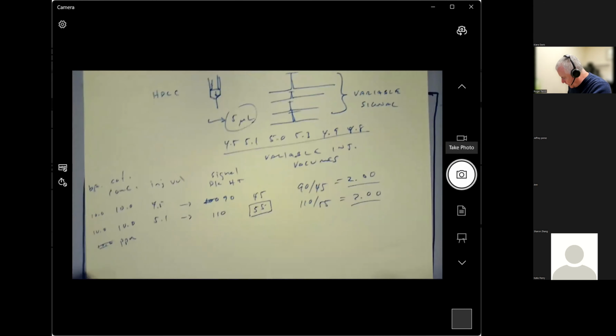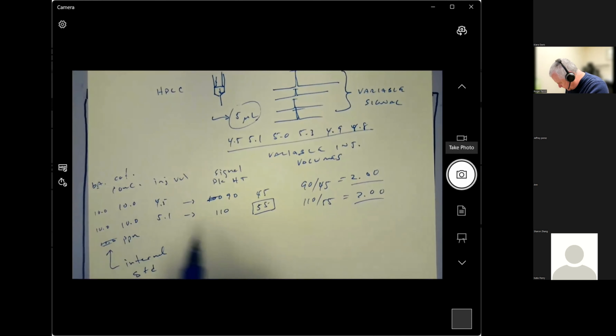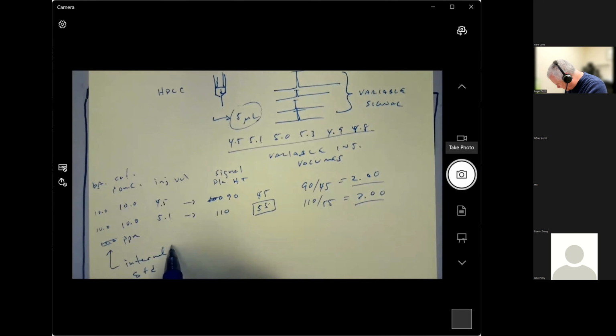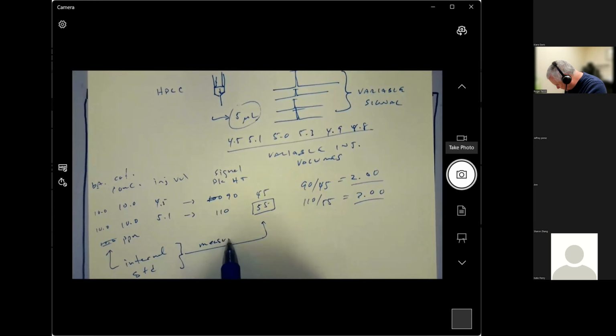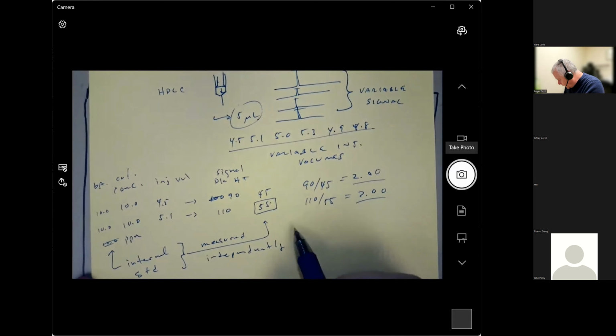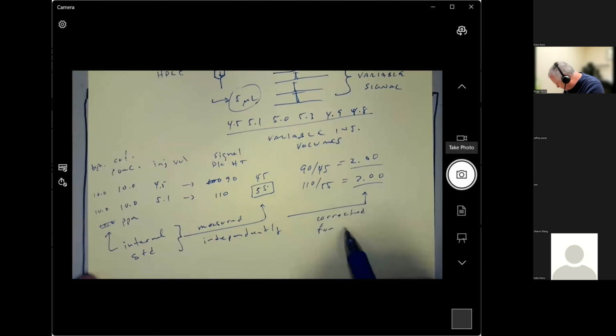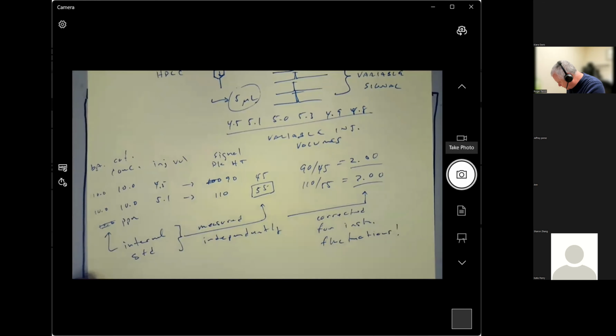So the presence of the internal standard, this guy is the internal standard, which can be measured independently, allows us to correct for instrument fluctuations. Right?